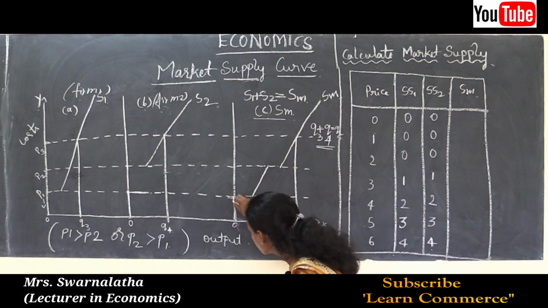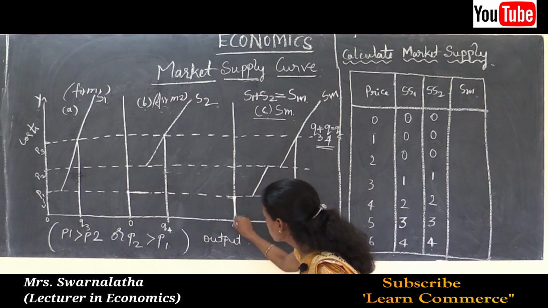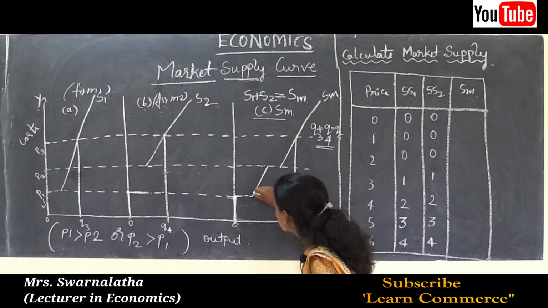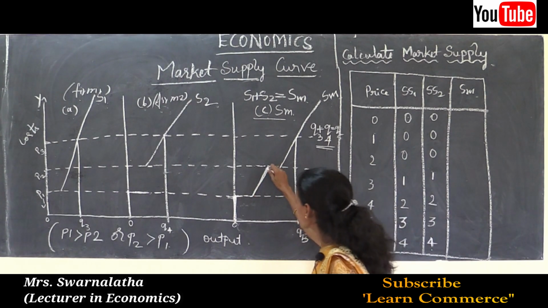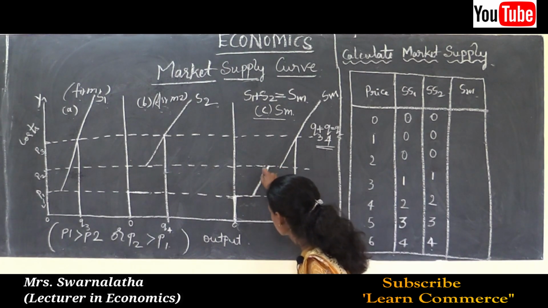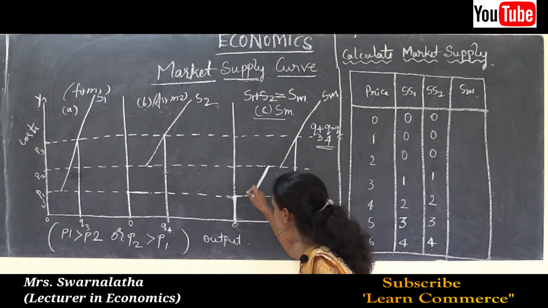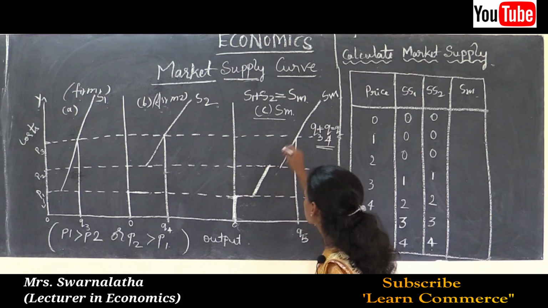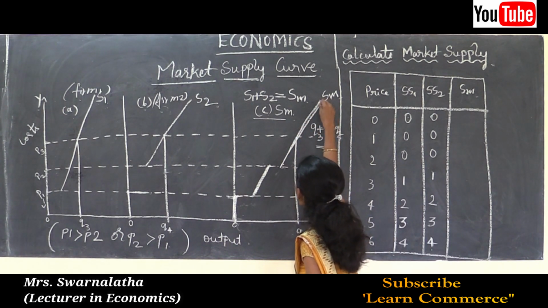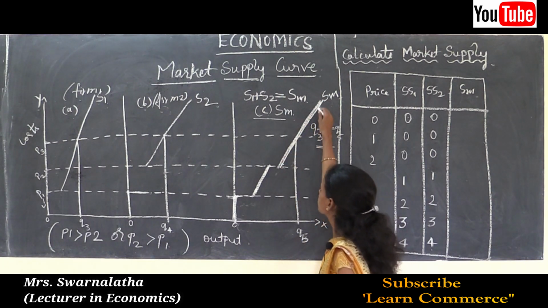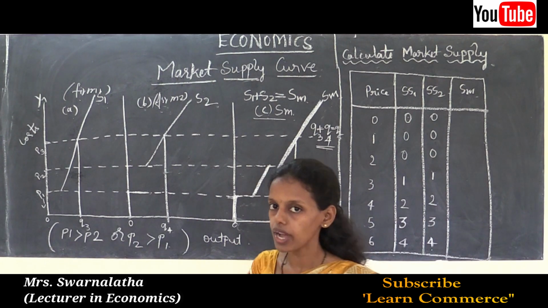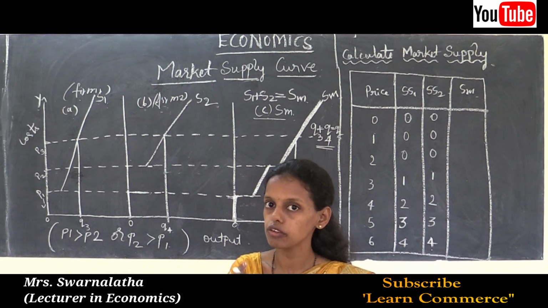Here firm 1 supply is there, adding this together with the supply of firm 2, the supply curve of firm 1 plus the supply curve of firm 2 together forms the market supply curve. This bold line is the market supply of firm 1 and firm 2.